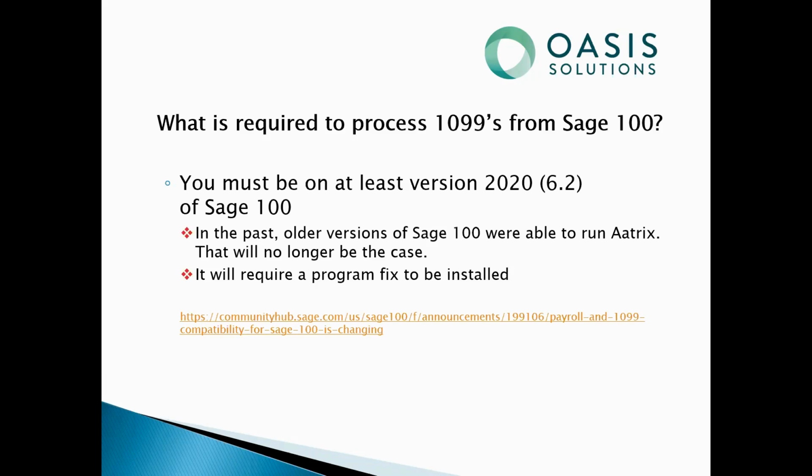Otherwise, when you try to process the 1099s, you'll get an error message. Later in the presentation, I'll be giving some specific information about how you can contact us if you need assistance if you're on version 2020 to get that program fix installed, or if you're on an older version and need to look at what kind of options you have for processing your 1099s this year.